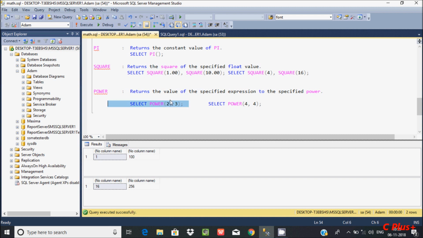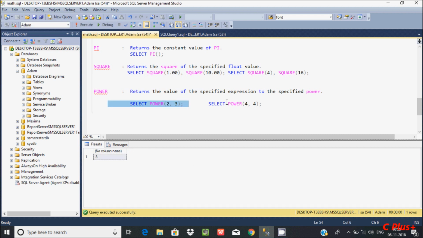This will return 2 power 3, that is 8. 4 power 4, that is 4 into 4 16, 16 into 4 64, 64 into 4 256. The value is displayed here by using the power function.